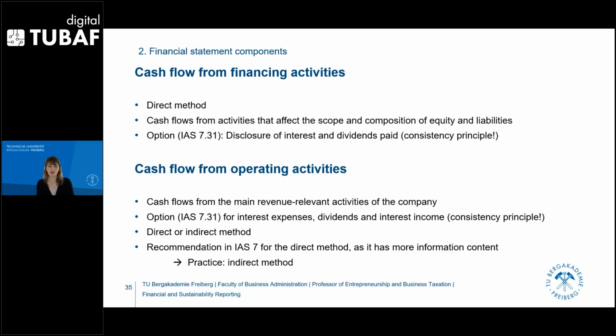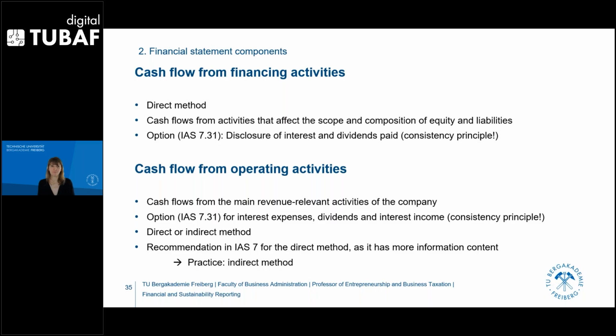For the cash flow from operating activities, we have the possibility to choose between these 2 methods, whereas for the cash flow from financing and investing activities, we have to use the direct method. That means that we have to calculate the cash flows directly from the activities that affect, for financial activities, the scope and composition of equity and liabilities.